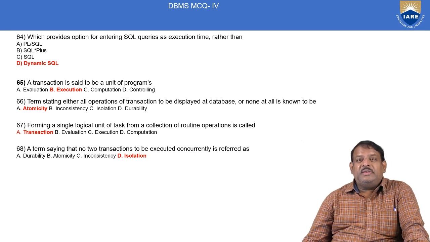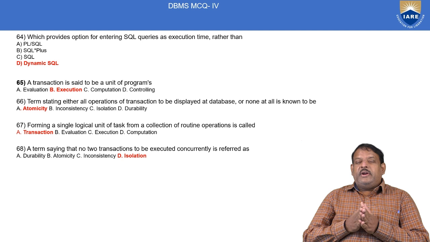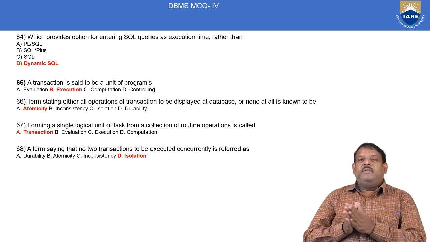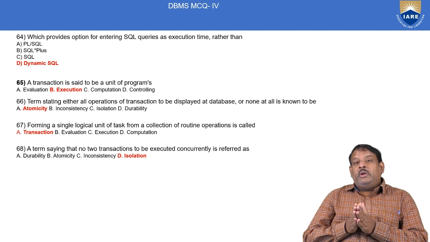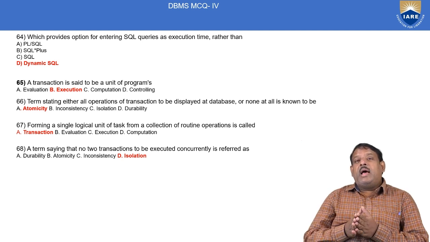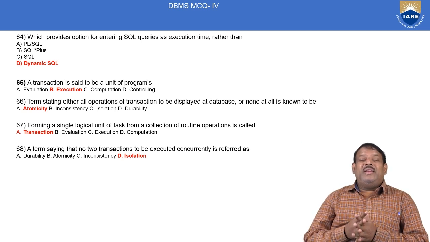The transaction is a series of steps performed so that your database state changes from A to B. If something goes wrong in between, you will be rolled back, and your database remains the same as it was before. That means nothing has changed.